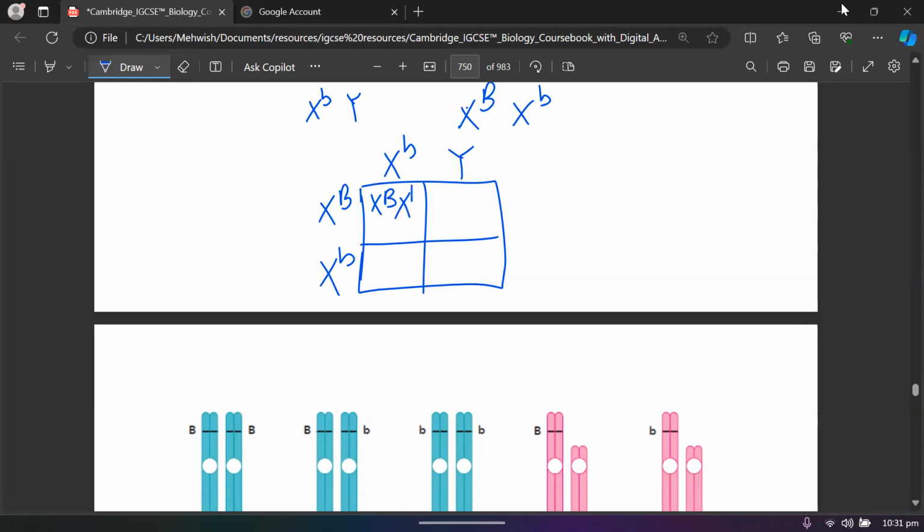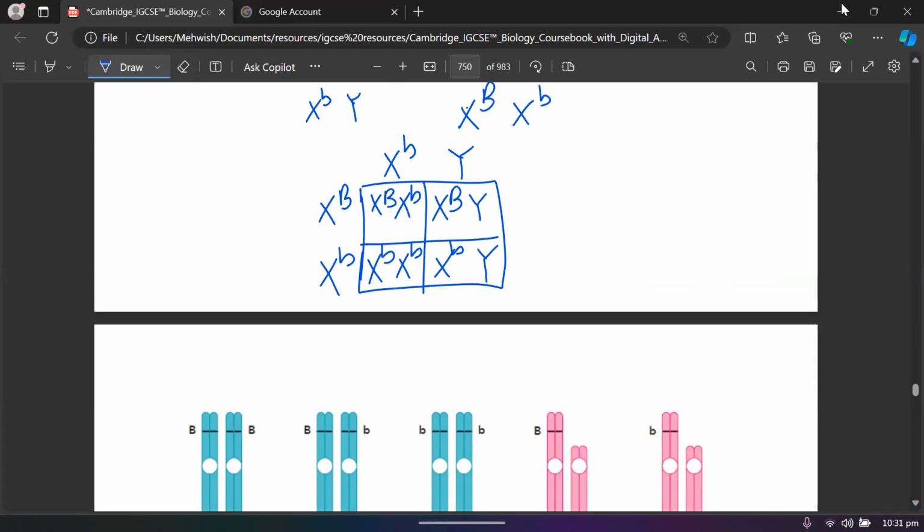This is the carrier daughter. This is the son, but not colorblind, right? This is the daughter with color blindness, right? And this is a son with color blindness because he now has a recessive allele in him.